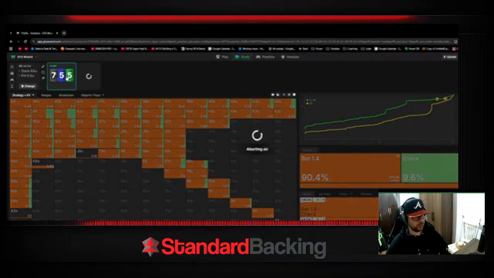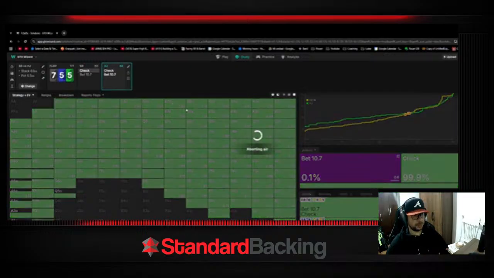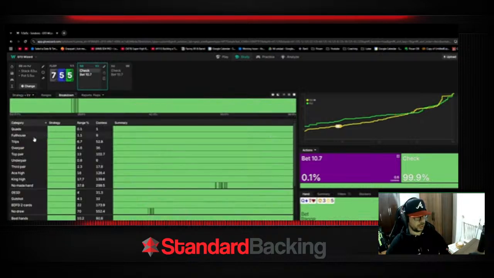Let's see here, this is an interesting one, where the big blind has a lot of fives here, and the hijack has some. Interesting, it's checking range here because of the nut distribution: the big blind has more nuts. We can see the breakdown, trips 52 versus hijack trips 14. So there's this difference.